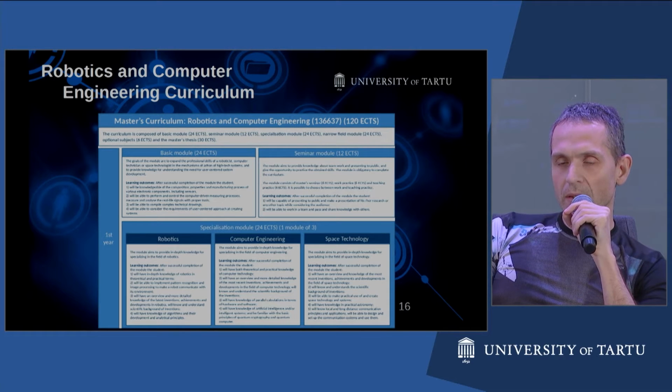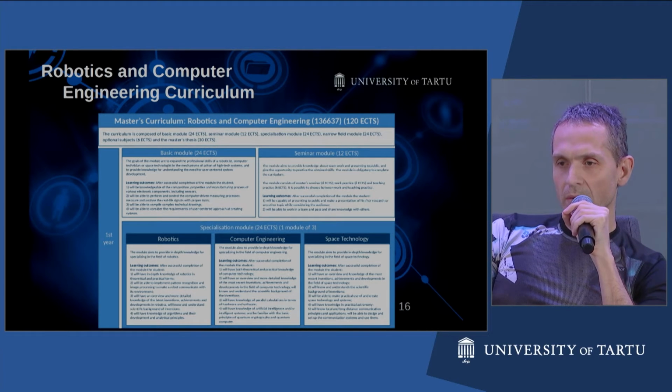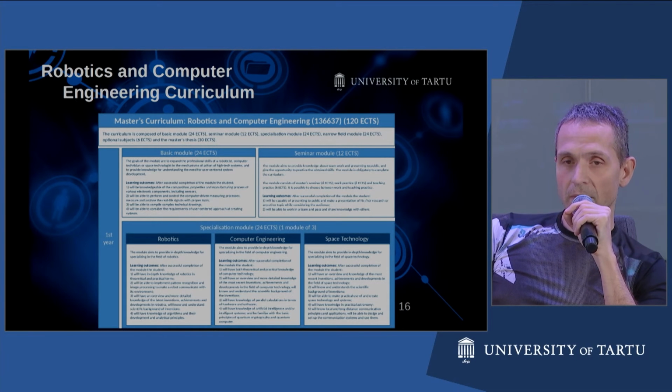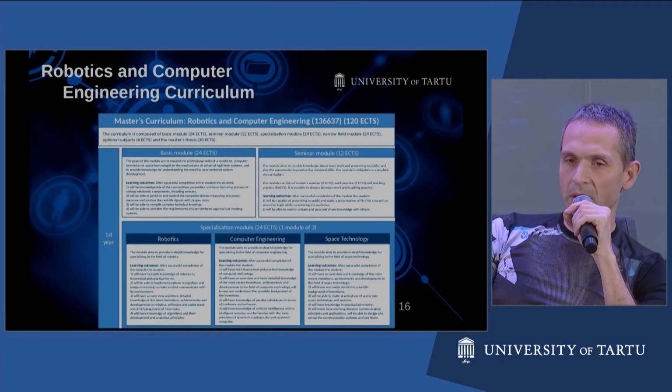Then we have a seminar module, which you also have to take. It's 12 credits in total. It can be divided into 2 parts. One is a master seminar, where you can share interesting things with others and also learn from other people's experience. The second part is either teaching experience or practical experience in computer engineering.